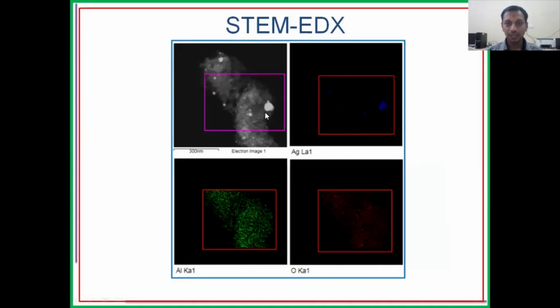You first observe this area and put it under the EDX, then you can recognize different elements with different colors, and by spectrum you can also get the idea how much is present in that specific area with the boundary.